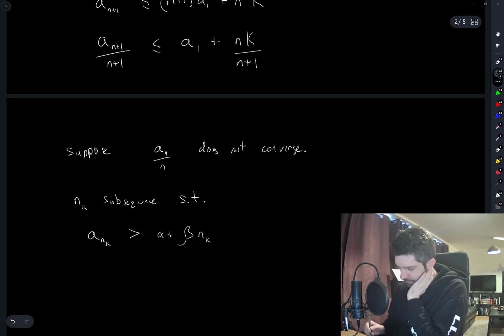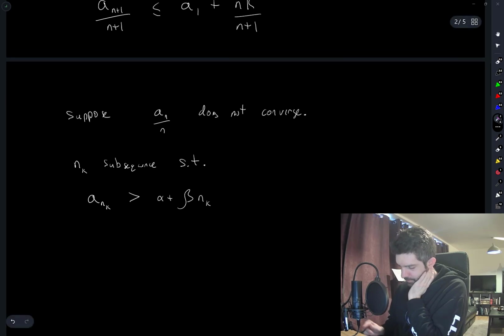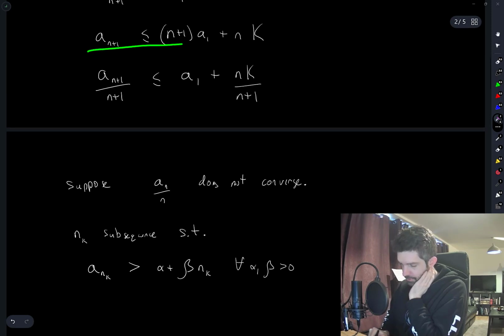If we can show there's a subsequence which grows faster than linear, and this would be for all alpha and beta greater than 0, then that clearly contradicts this.